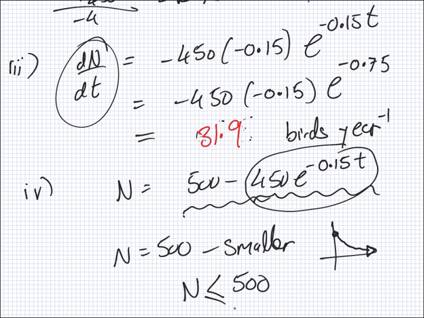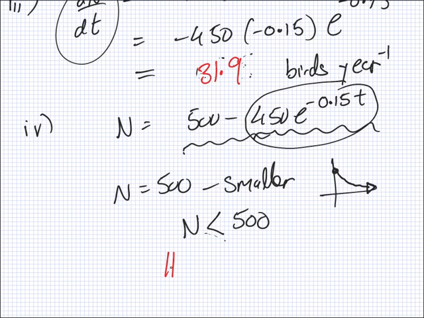I'm just saying it can't exceed 500. You certainly can't get 501. N is just less than 500. Okay, fine, I'll say the number of birds is less than or equal to 500. No, that's right. Yeah, okay, thank you, Mo. Feel better?